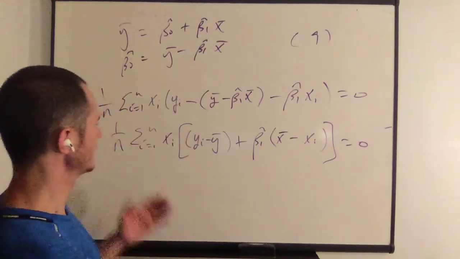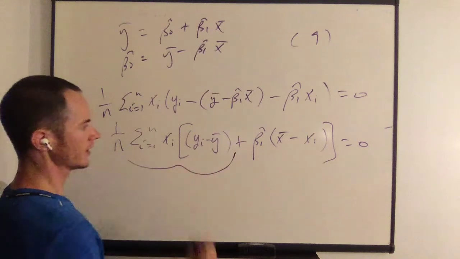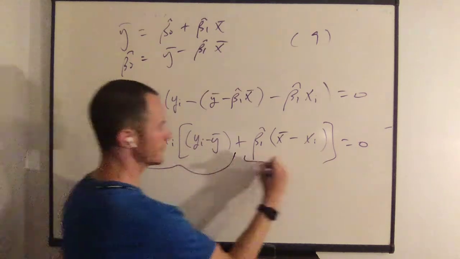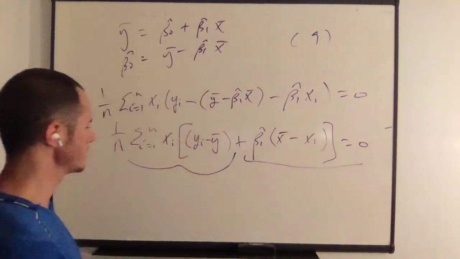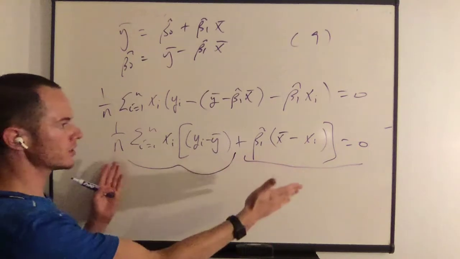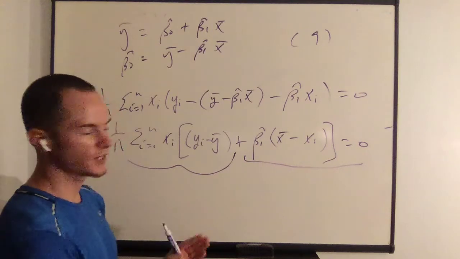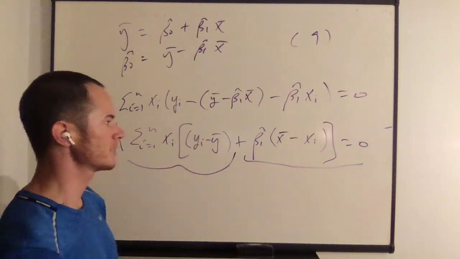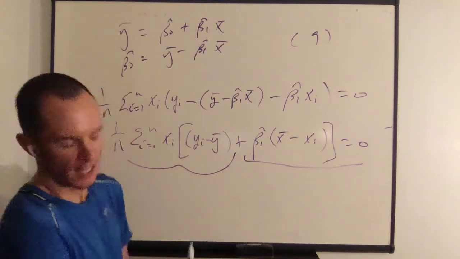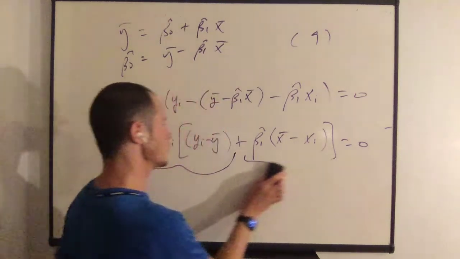Now what I'd like to do is take this chunk and put that on one side of the equation, and this chunk on the other side of the equation. Both of the chunks are multiplied by 1 over n, so the 1 over n is not going to matter for the solution of beta 1 hat because it's going to be on both sides and cancel out. So I'm going to ignore the 1 over n.